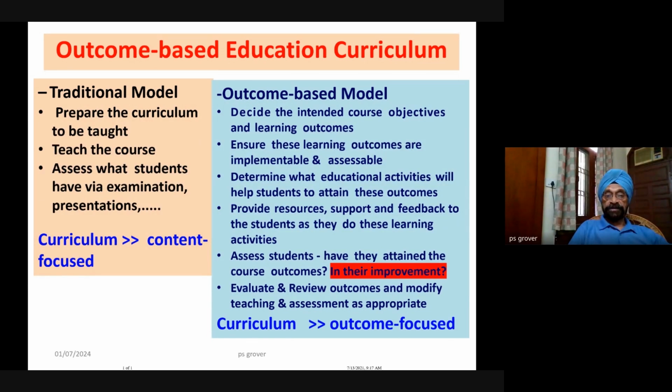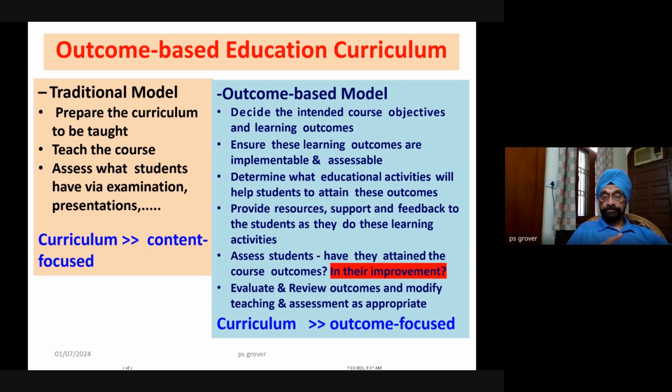In the traditional model, we say prepare the curriculum to be taught, teach the course, assess what students have via examination, presentation, etc. That means curriculum is content focused, which means the content is the knowledge. When I say knowledge, we also put cognitive emphasis.